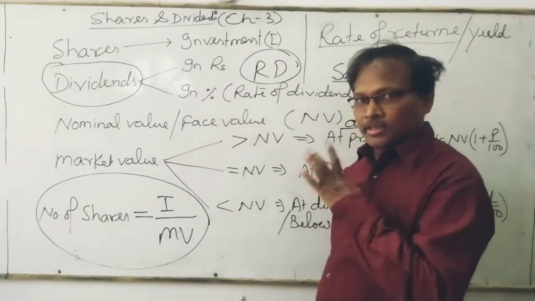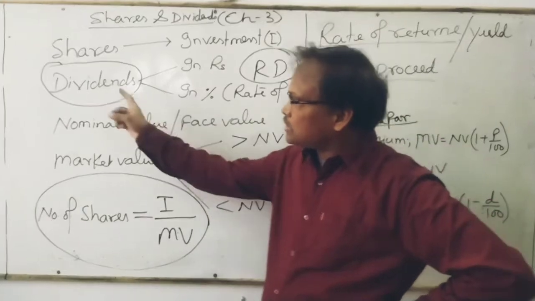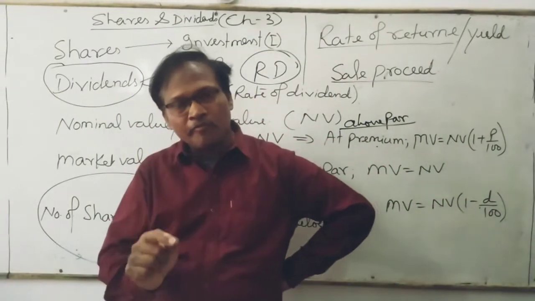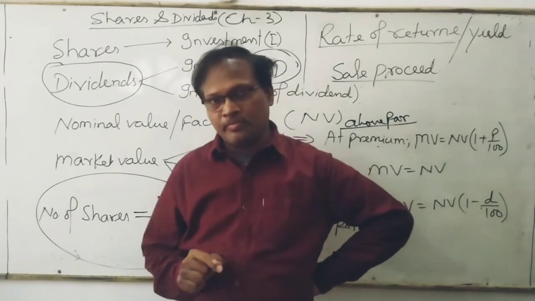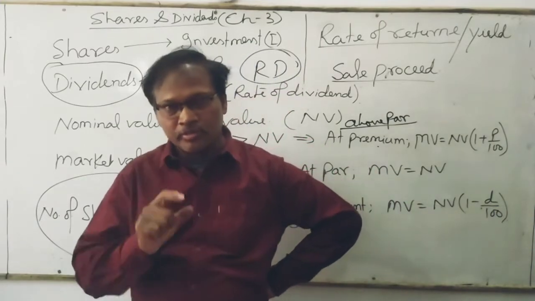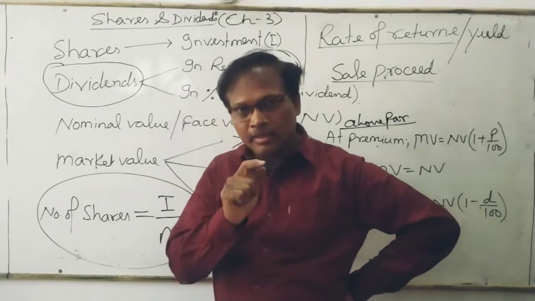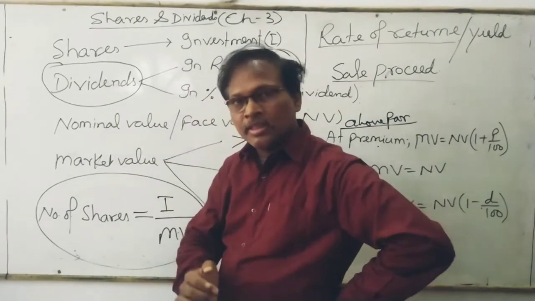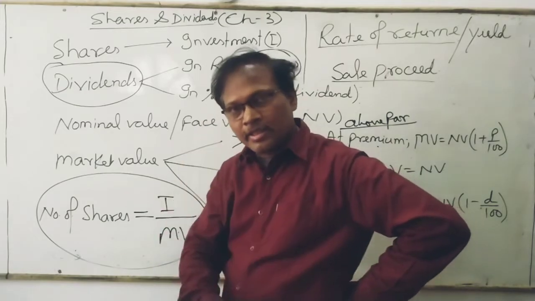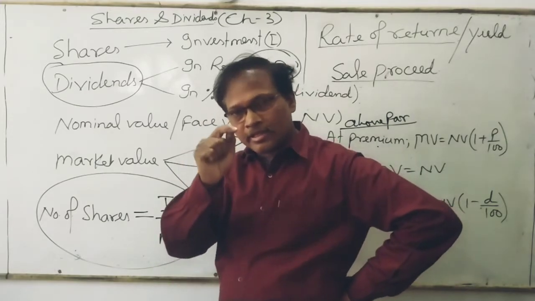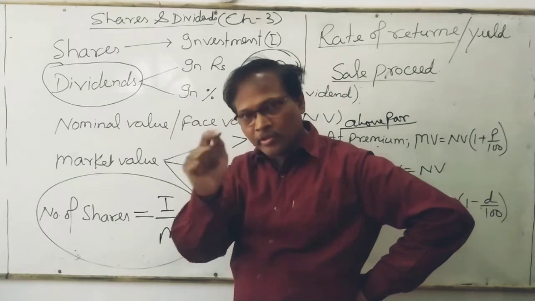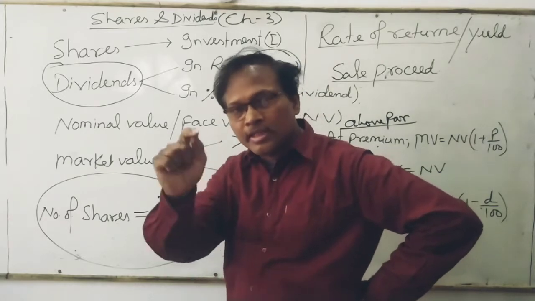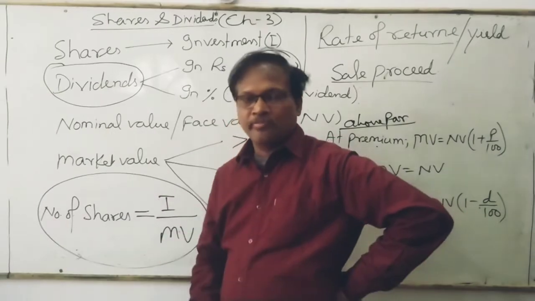It is in percentage. But what is the meaning of dividend? Dividend means when the factory is in profit. Factory जब profit में होती है, when the factory or any industry is in profit, then it gives some percentage from the profit to its shareholders.